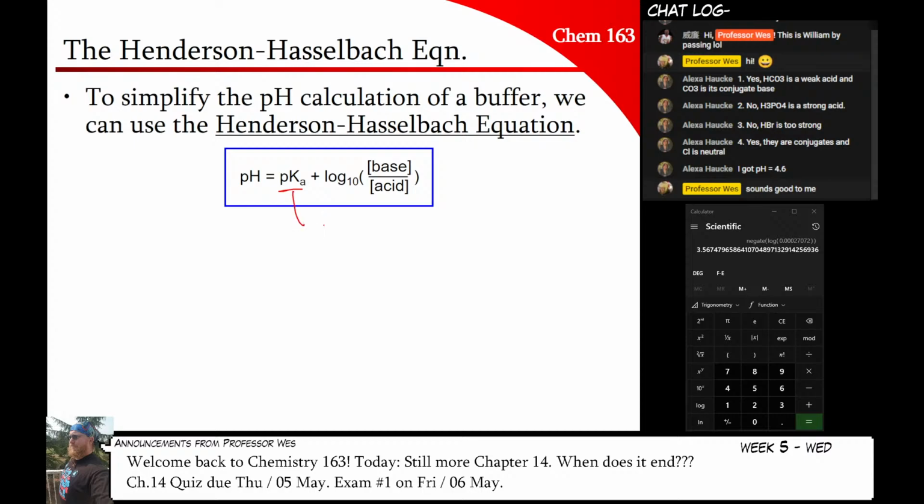So the pKa is going to be for the Ka. So we need to know what the weak acid is, and we need to know its Ka. This right here is going to be the concentration of the weak base component of the buffer, and this is the weak acid component.